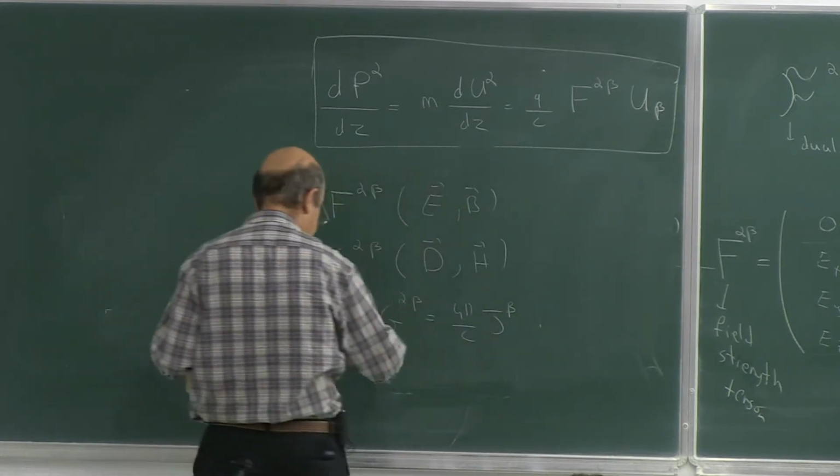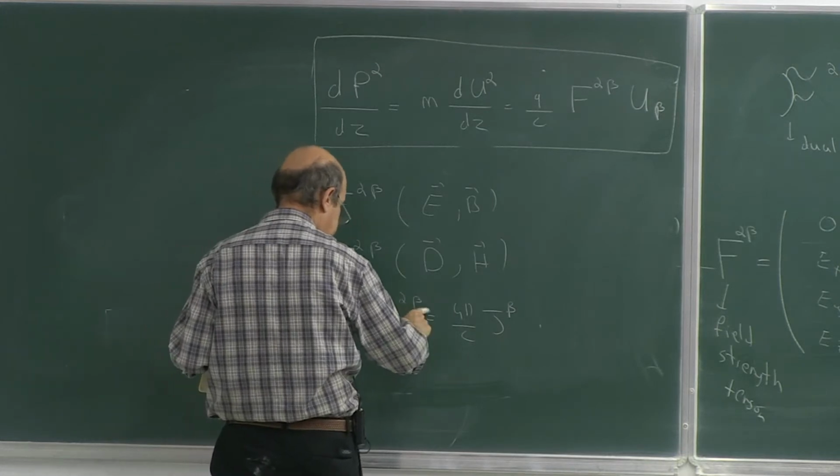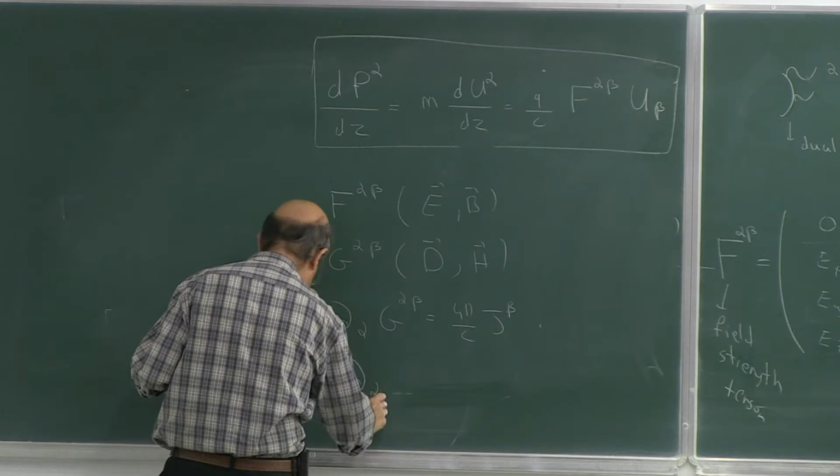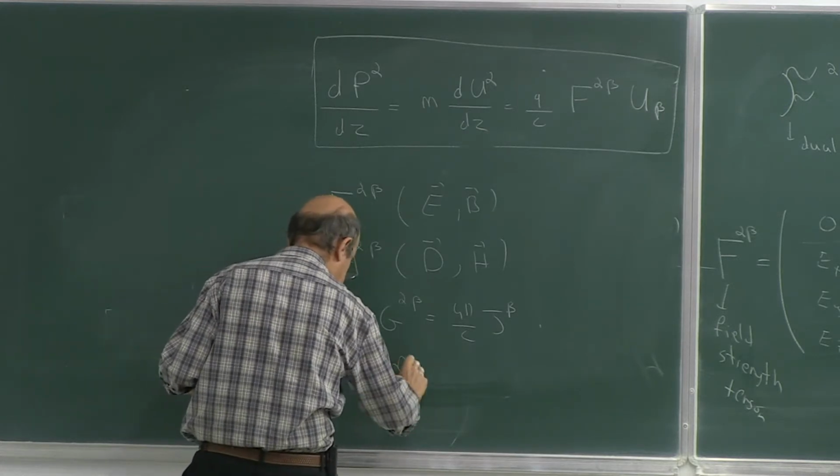Alpha is the contracting index, beta is the free index, and the other equation will not be affected.